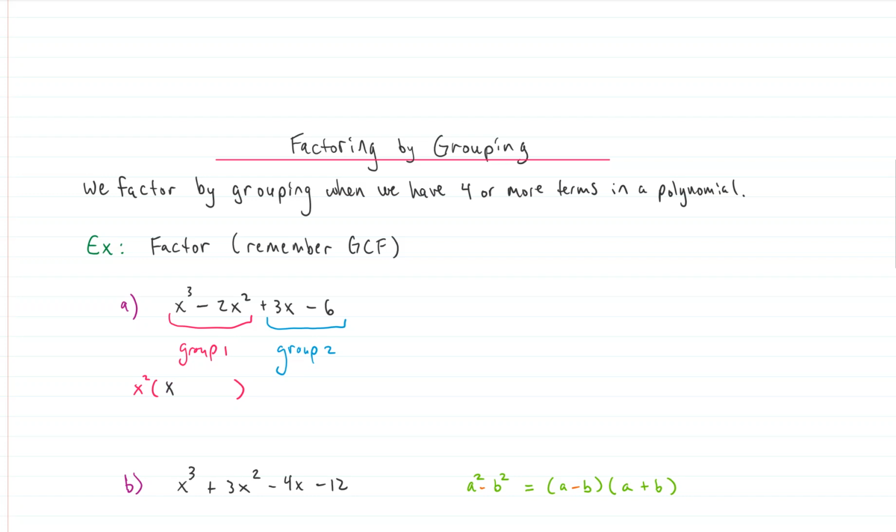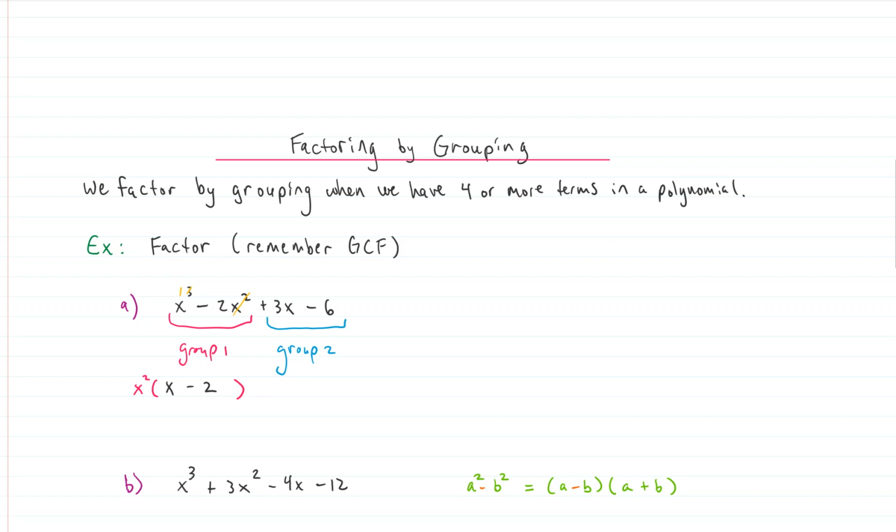And in the negative 2x, we have just negative 2 because we took out the x squared. So kind of went like this. We got rid of the x squared because we pulled it out, and then in this one we got rid of 3 of them and just had 1 left. So we're left with x minus 2.